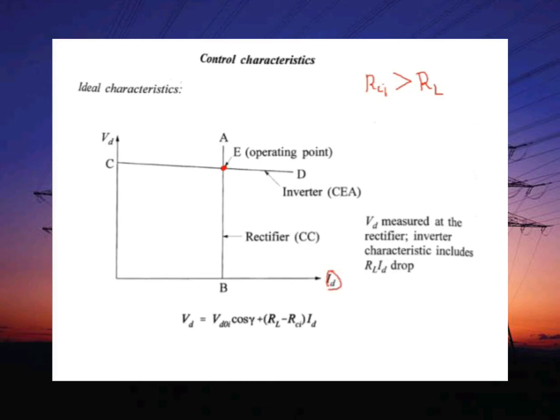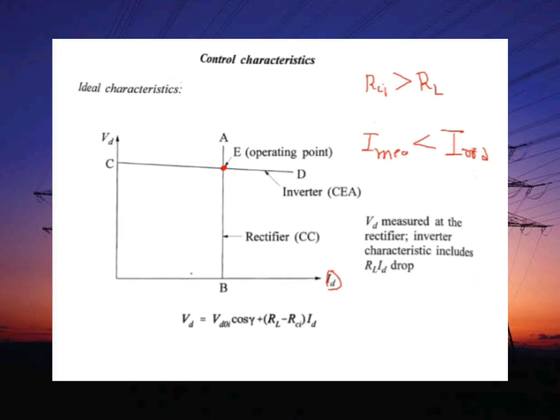If the measured current, denoted by IM, is less than the command, denoted by I order, the regulator advances the firing by decreasing the value of alpha. The inverter characteristic can be raised or lowered by means of a transformer tap change.